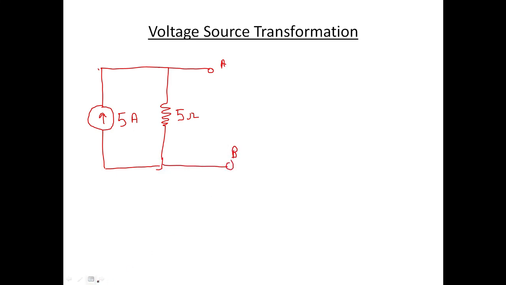So what we have to discuss? From voltage source transformation, this circuit can be represented as a single equivalent circuit, that is 25 volt in series with a 5 ohm resistor.